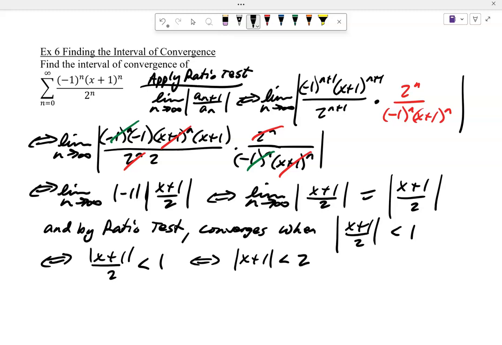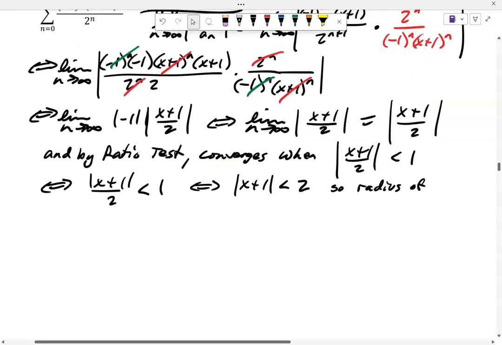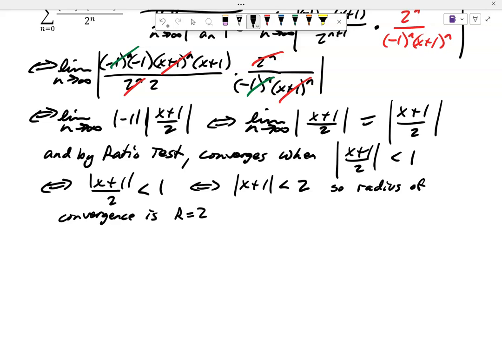And so our radius of convergence is 2. Note the series is centered at -1.